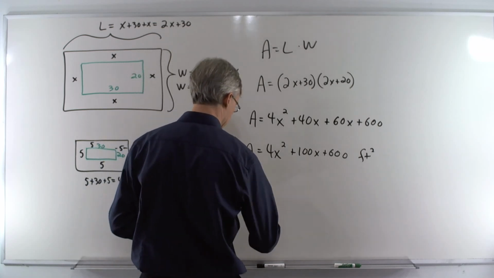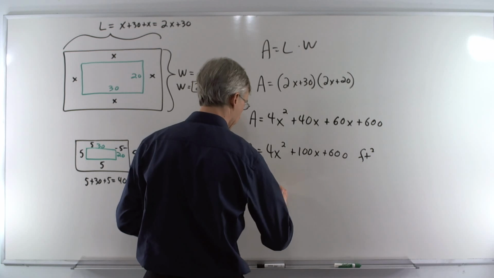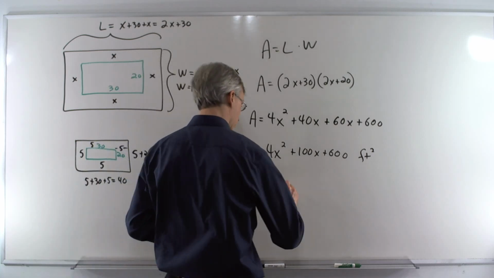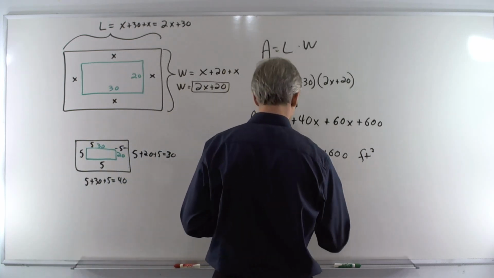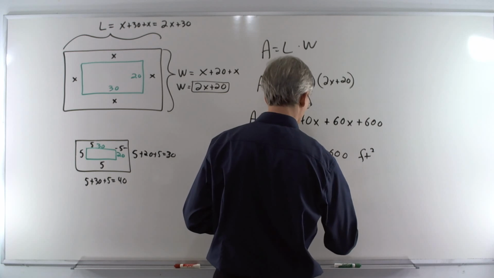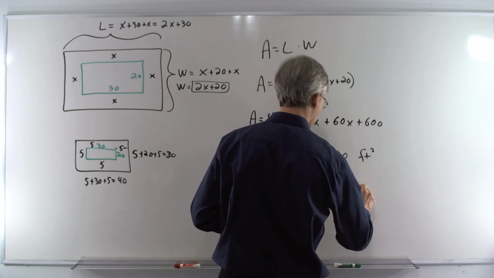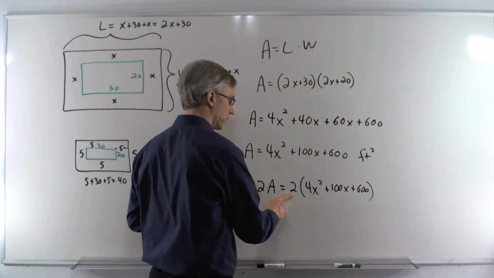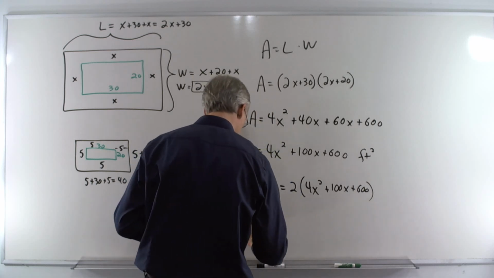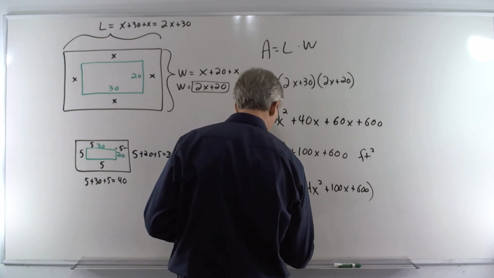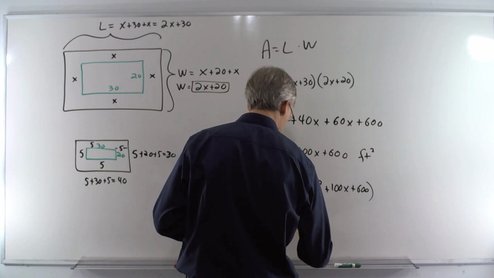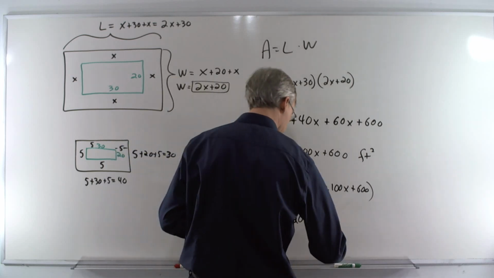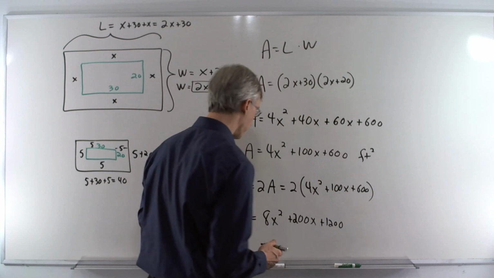I'm going to call that C. Cost is 2 times the area, which is 2 times this expression. All right, now we can take this 2 and distribute it into the expression. We get this cost function here, which is 8x squared plus 200x plus 1200.